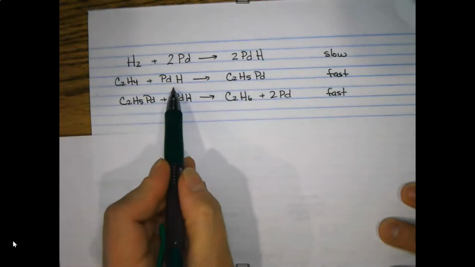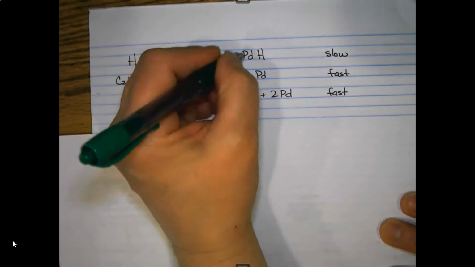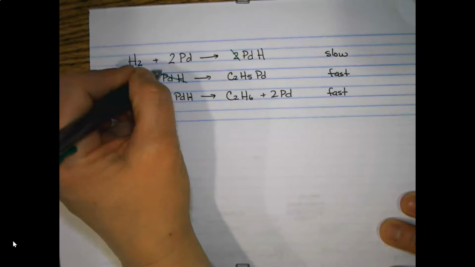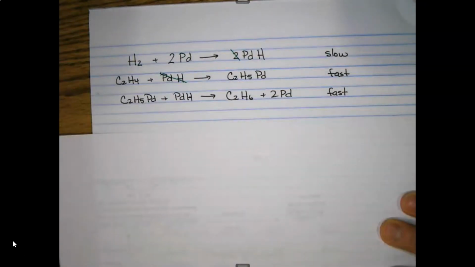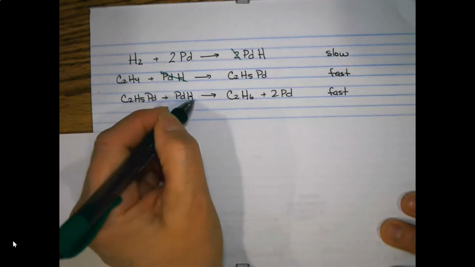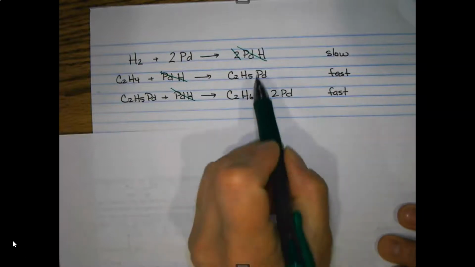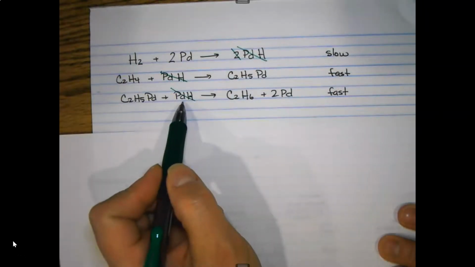But in the next step, we actually have one of the PdH2s get used up. So there's an example of an intermediate. Notice that the second PdH2 gets used up in the third step. So the PdH2, I'm sorry, the PdH is an intermediate in this reaction because it gets produced, but then it gets used up later on.